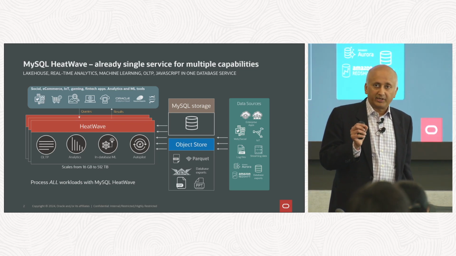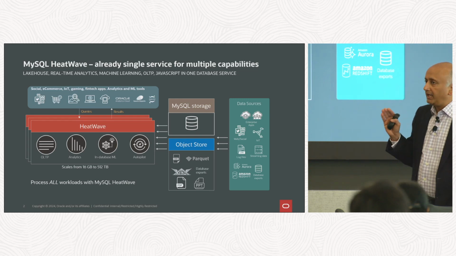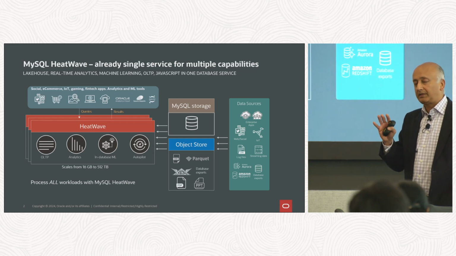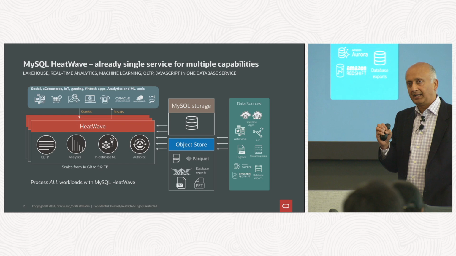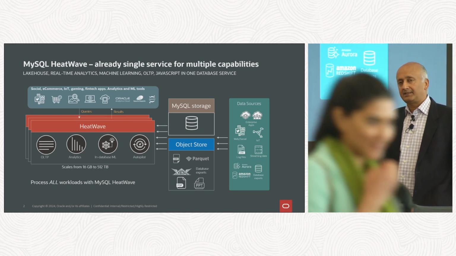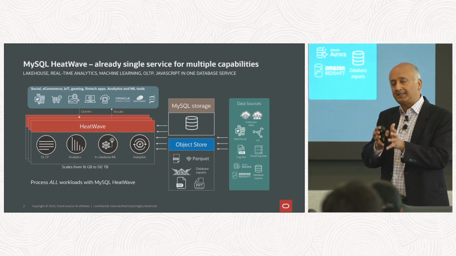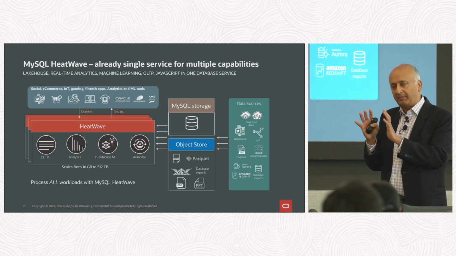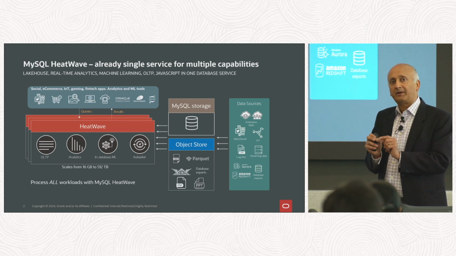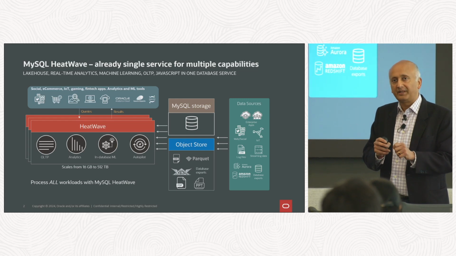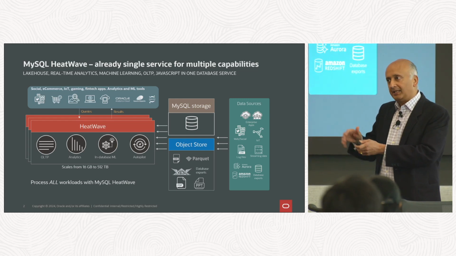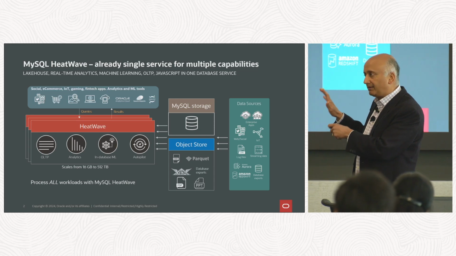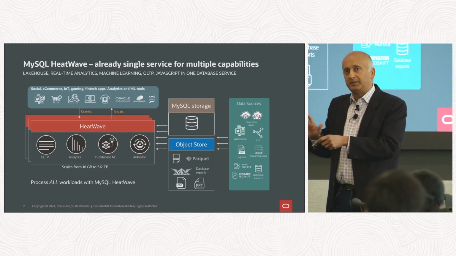The second thing to point out about this figure is that many customers in general don't want to disturb their transaction systems. They want to keep the existing mission critical applications running on their OLTP systems, because typically people don't want to mess with that. But when they want to run analytics or machine learning, they move the data from their transaction system to the object store.